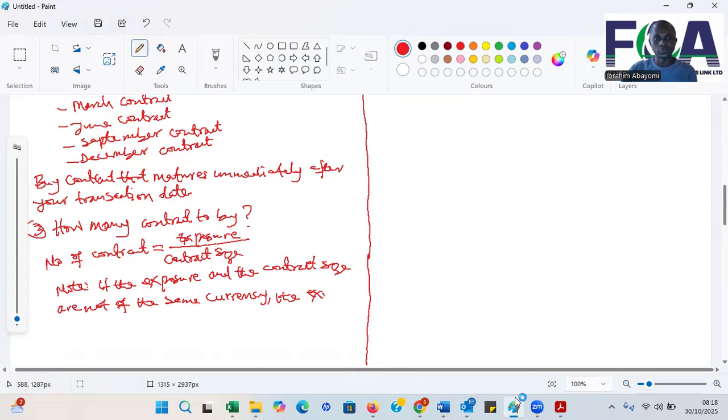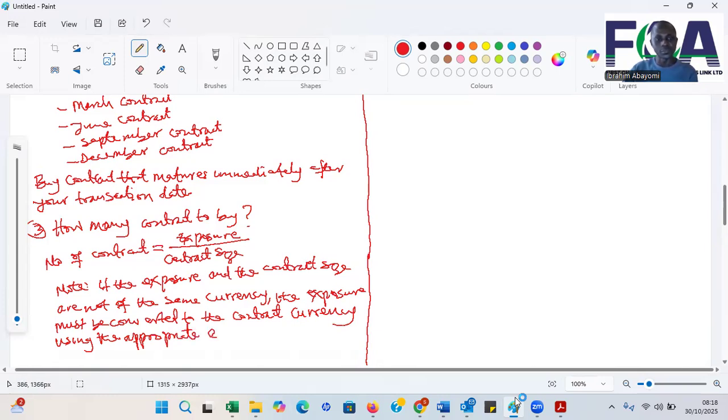the exposure must be converted to the contract currency using the appropriate exercise price.